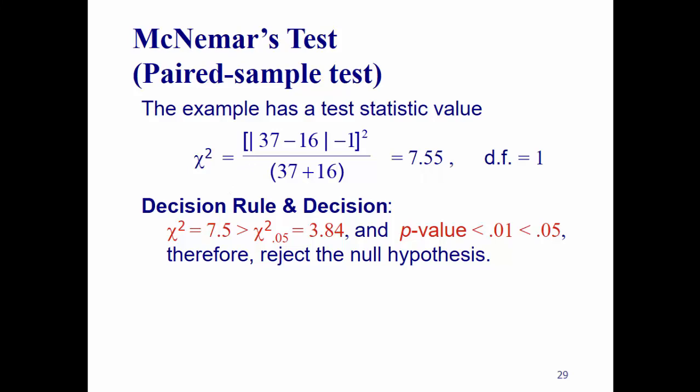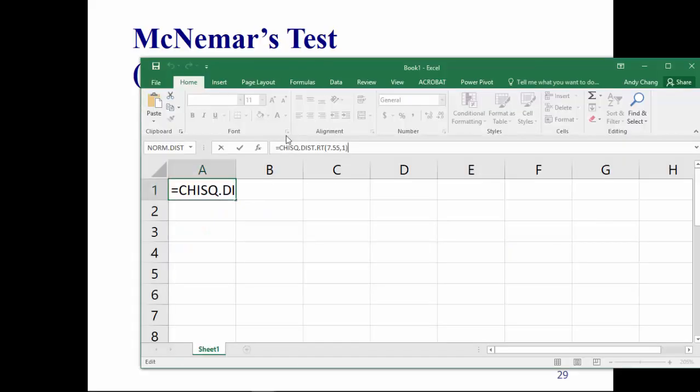So if we use an Excel worksheet to get the p-value using chi-square, we just use the right tail of the chi-square distribution with a chi-square score of 7.55 and degrees of freedom 1. The end result is 0.006, which is very close to the outcome from the binomial test.